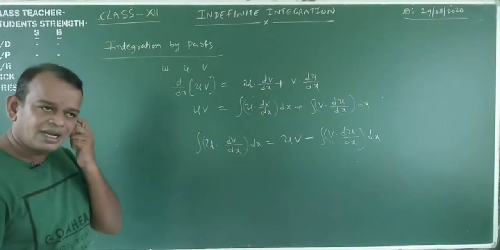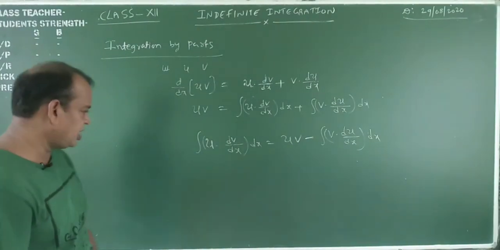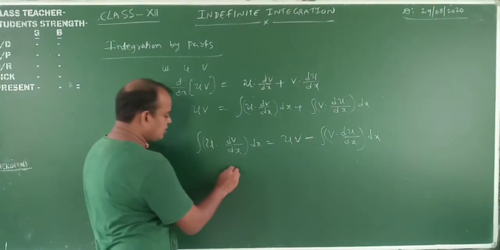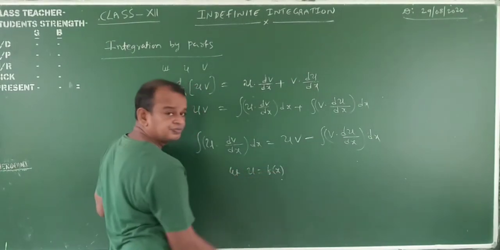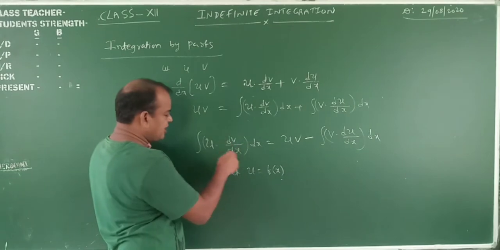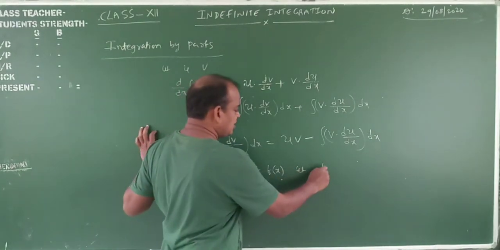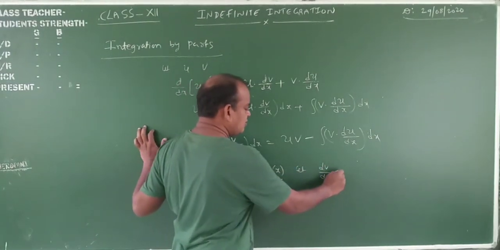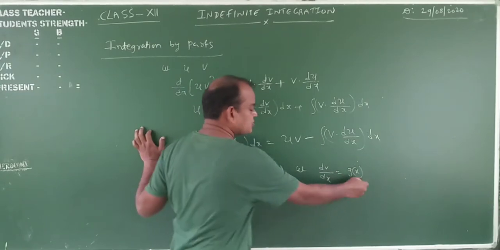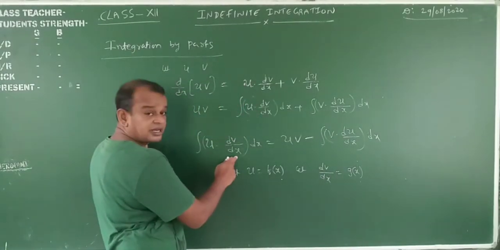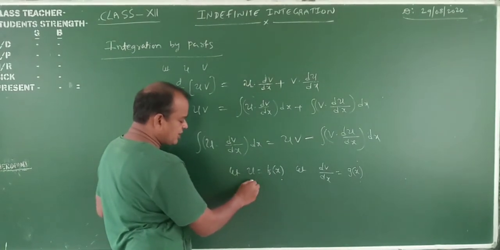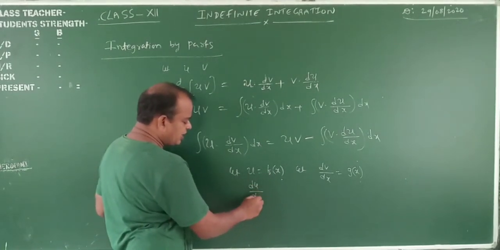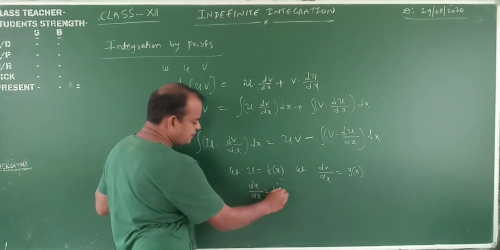Now let us consider something special. Let u be equal to f of x, for suppose one function, and let dv by dx be equal to g of x. This is the first function, this is the second function. Here u is equal to f of x, so du by dx is f dash of x, the derivative of the first function.